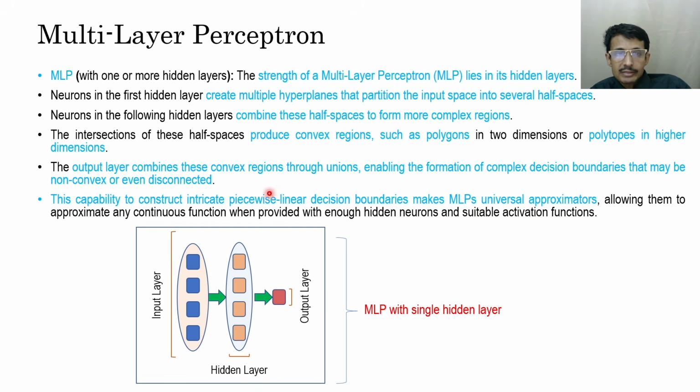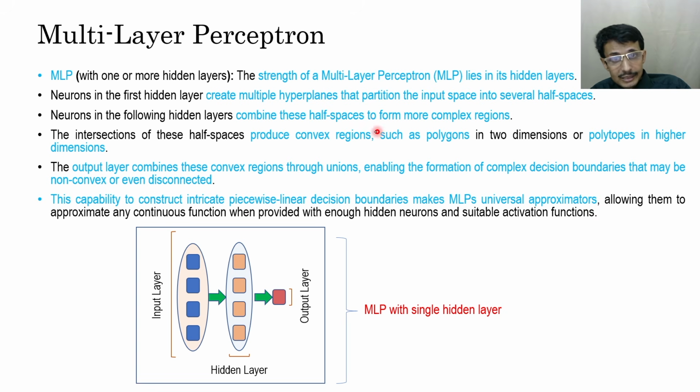That means most problems can be modeled by this, allowing it to approximate any continuous function when provided with enough hidden neurons and suitable activation.